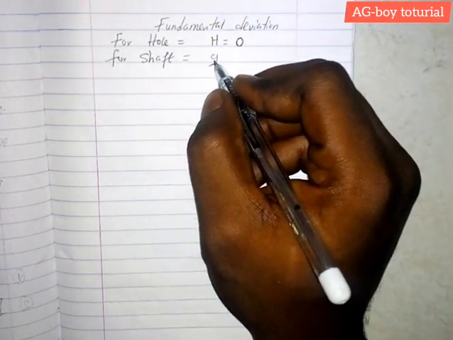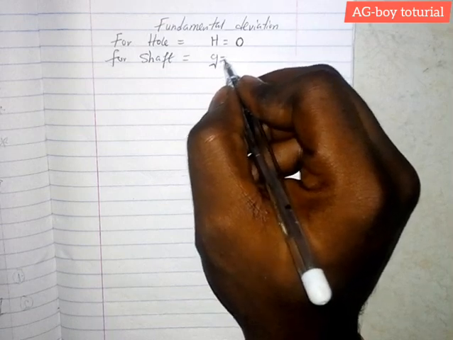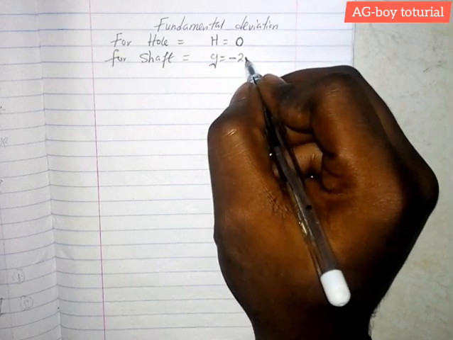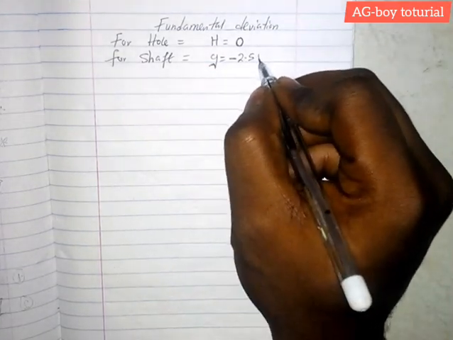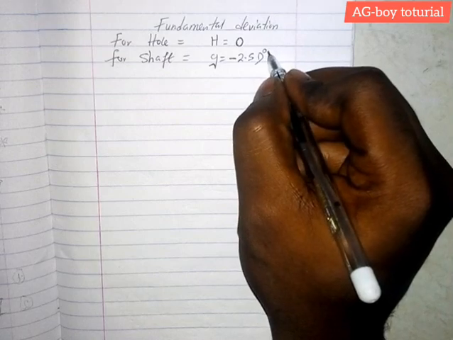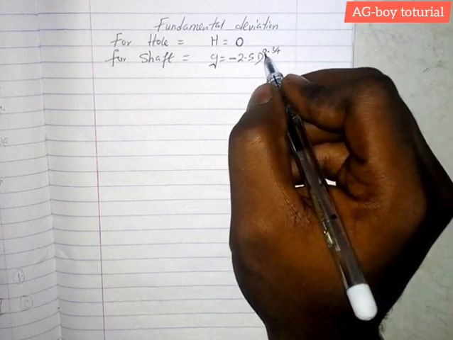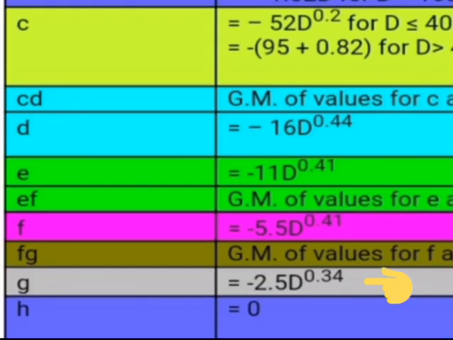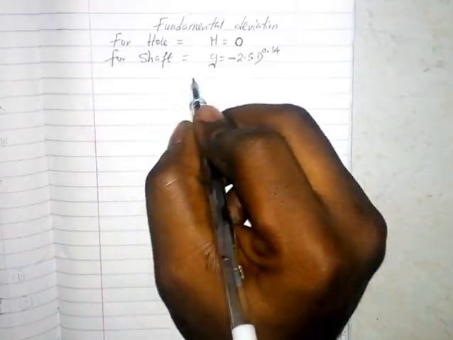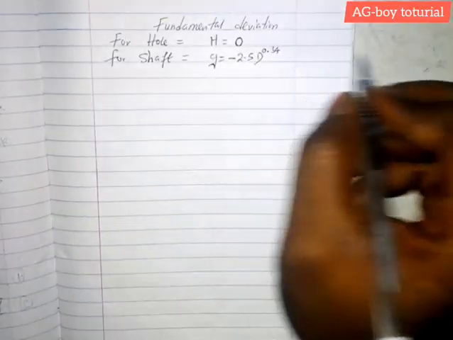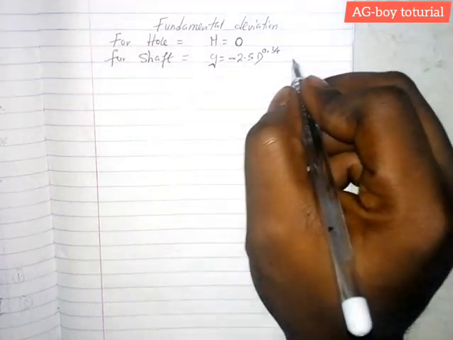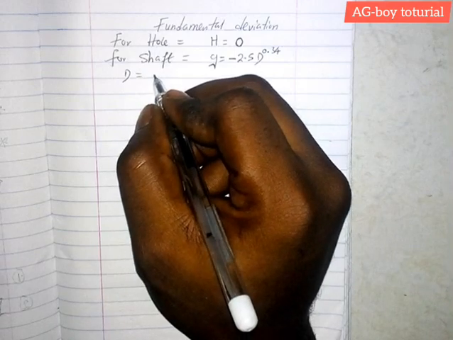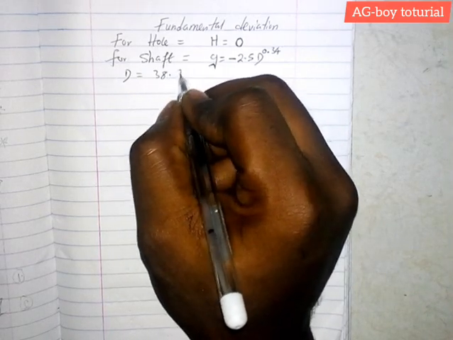we have G. If you check on the screen, you will get this formula for G. G is equal to minus 2.5 D to the power 0.34. So this is our D and our G, the formula for G. So our D is equal to 38.73.